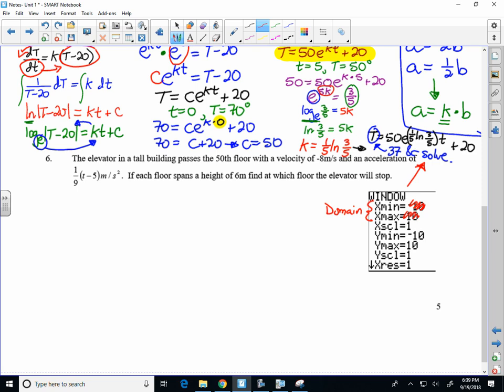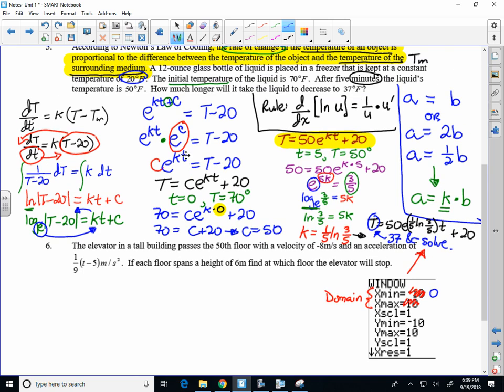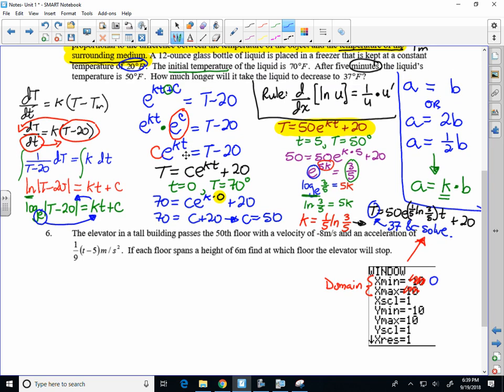All right, so we'll start off with a t value, a t min, or a y, x min in this case, of 0. An x max. All right, so let's just kind of make an educated guess here. It's saying in the problem, we had an initial temperature, so times t equals 0, good to go there. After 5 minutes, so I know I gotta go north of 5. How much longer will it take to get down to 37 degrees Fahrenheit? We're talking about something cooling from being in a freezer.